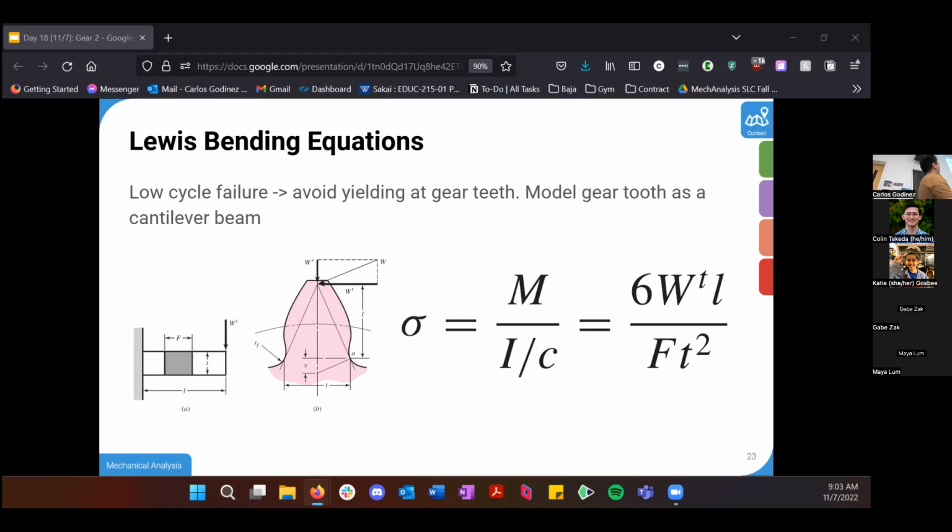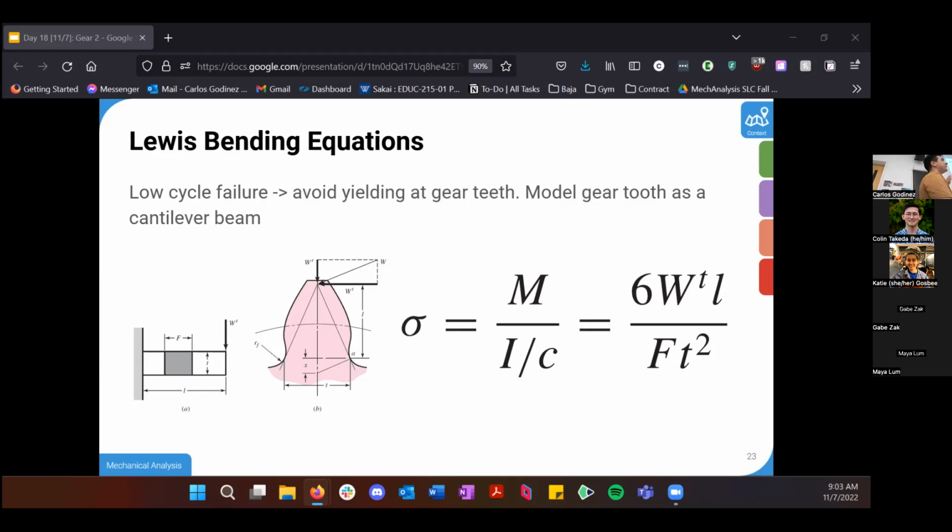There is a rectangular cantilever beam with face width F and thickness T. And you can substitute that into your beam bending stress equation, M over I over C. Sometimes MY over I, you'll see MI over C, where I over C is equal to your section modulus, because that is only dependent on the geometry of whatever your beam is. So it's the same exact formula, just rewritten sometimes the other way around.